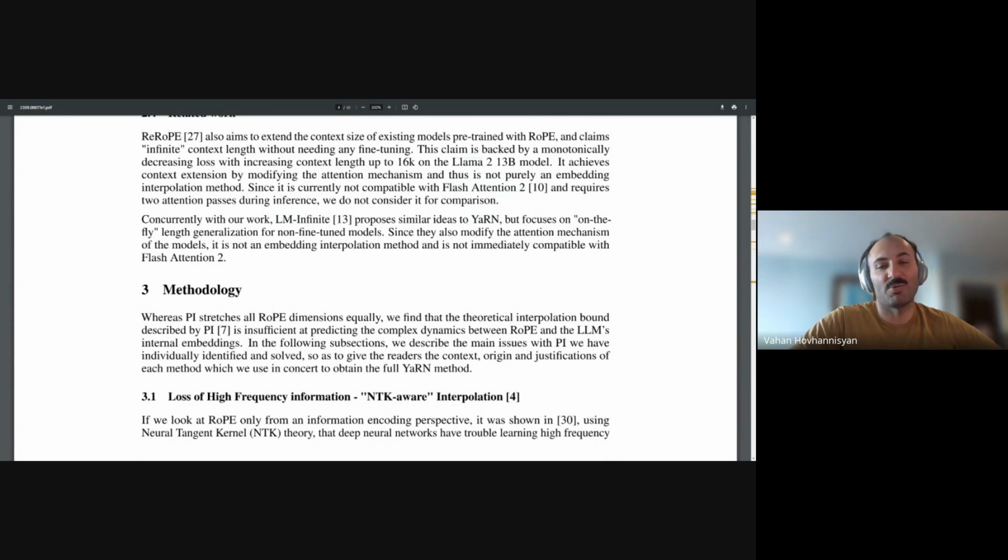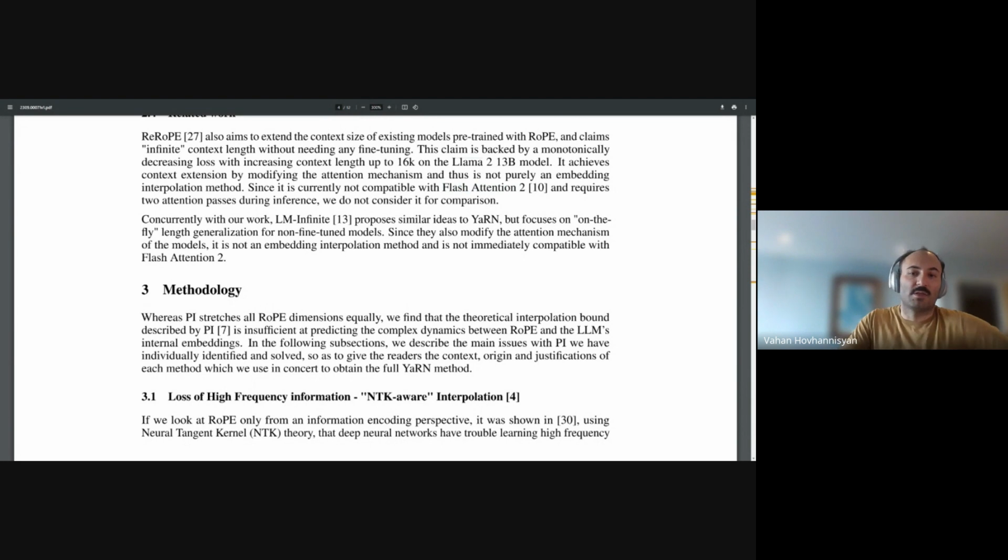So basically, how do you move things between memory and the processor, and you do clever caching and so on. When you start changing the attention, these flash attention implementations don't work anymore, right? So they are arguing that these other approaches make all those changes, and we don't. What we do is change only the position encodings, which means we don't have to touch how attention is implemented. Okay?